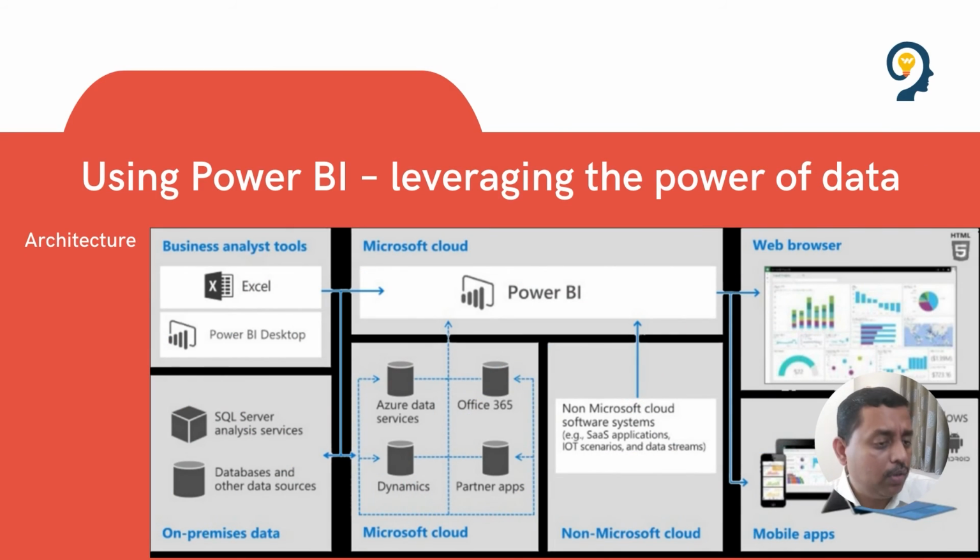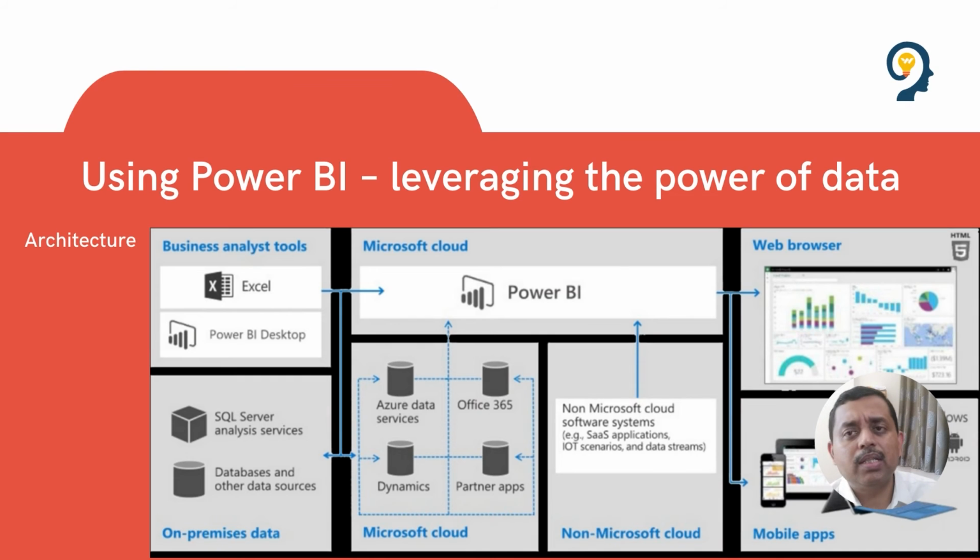Let's have a look at the architecture. Now that we know how the tool looks to some extent, let's have a look at the architecture. So we have the Excel part of it, which is for the analysts, and we have the desktop tool, which we are leveraging right now. The data sources could be on-premise or in the cloud as well. One is the Microsoft Cloud, or there could be a non-Microsoft Cloud as well.